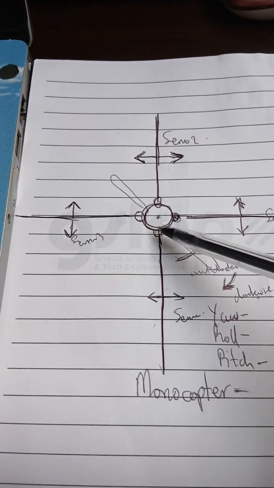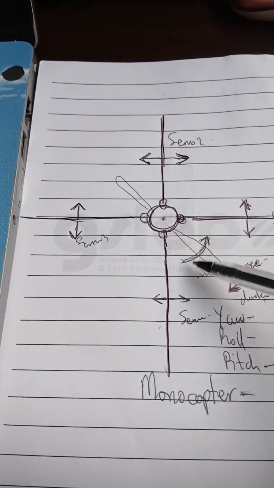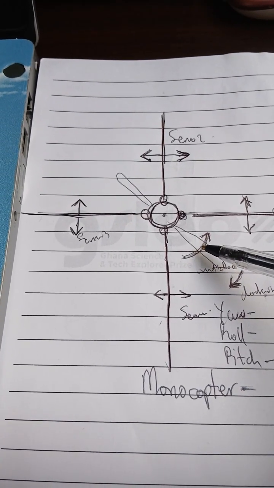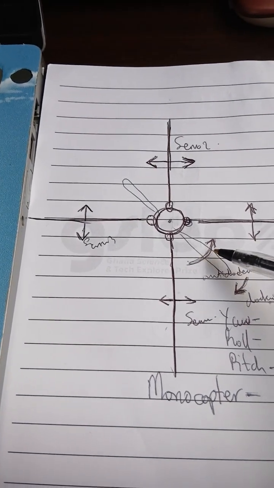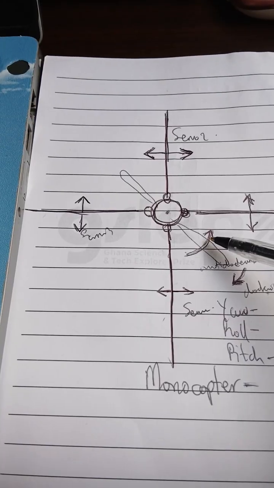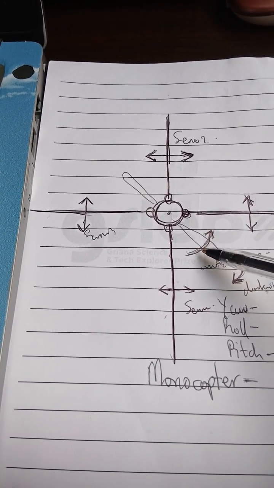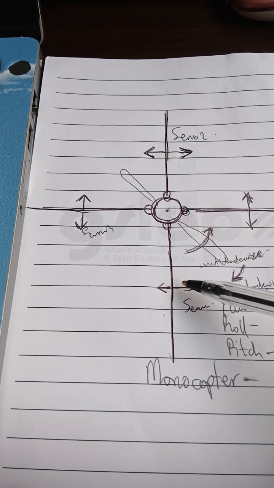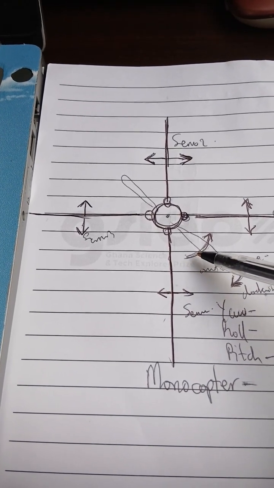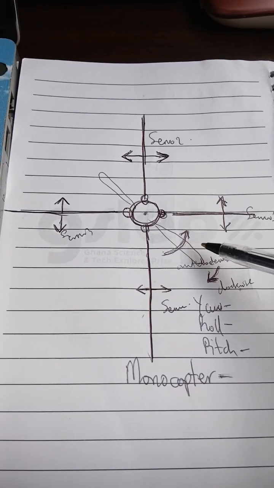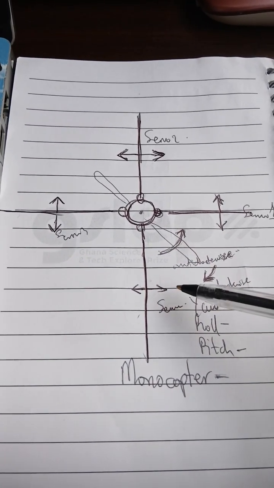Now the motor, when it's rotating, causes a torque effect. So when the motor rotates clockwise, there's a torque effect that causes the motor to rotate anti-clockwise. If the motor rotates anti-clockwise, there's a torque effect that makes the motor rotate clockwise.